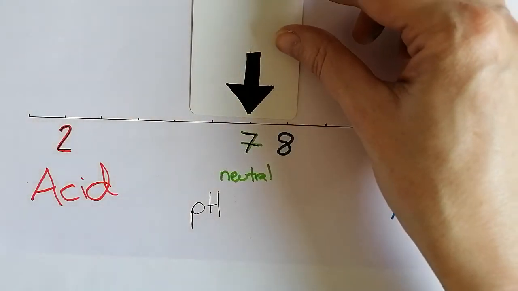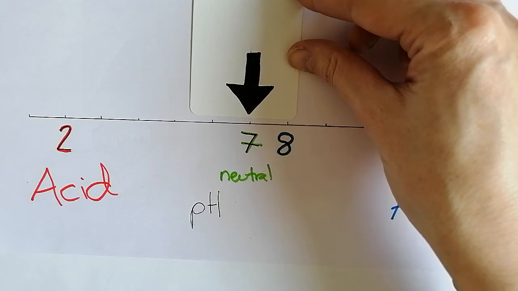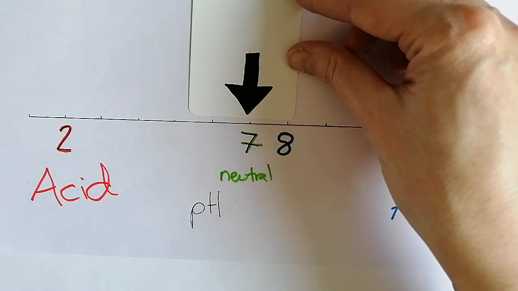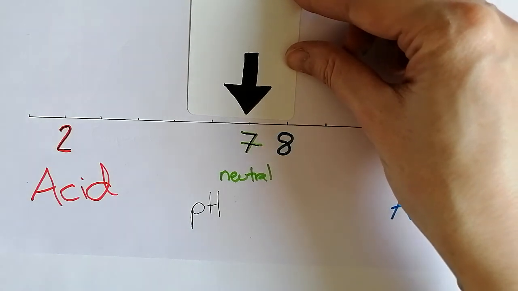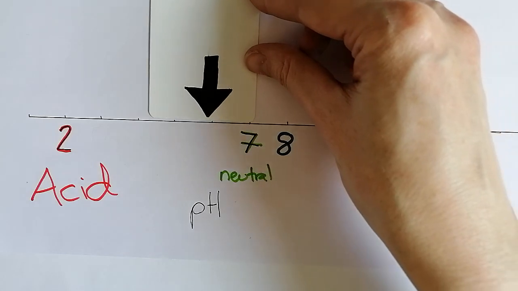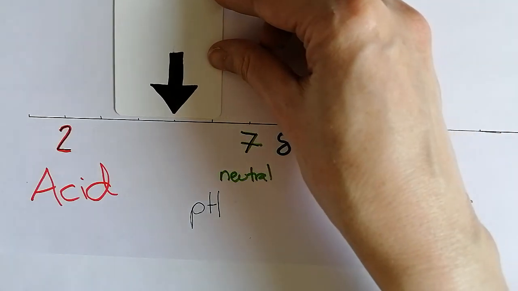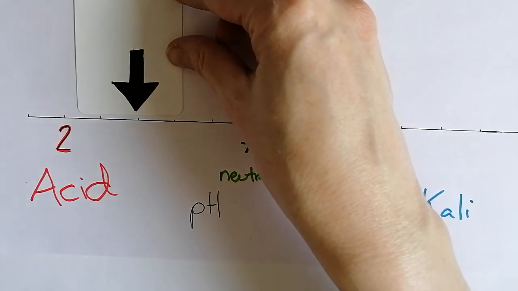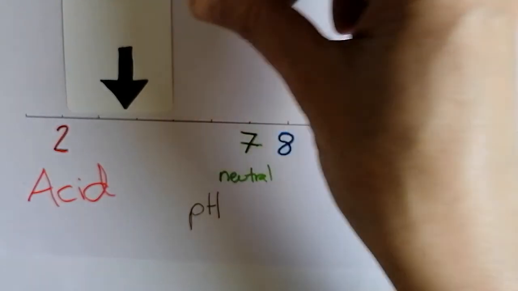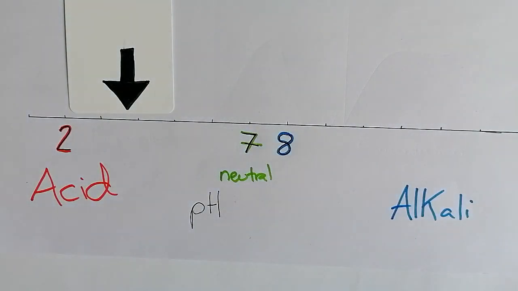It'll start off around 7, and then as more and more of the fat or the protein, or both, is broken down, the pH will fall as acids are released. When it stops falling and stays steady, you know that the reaction has finished.